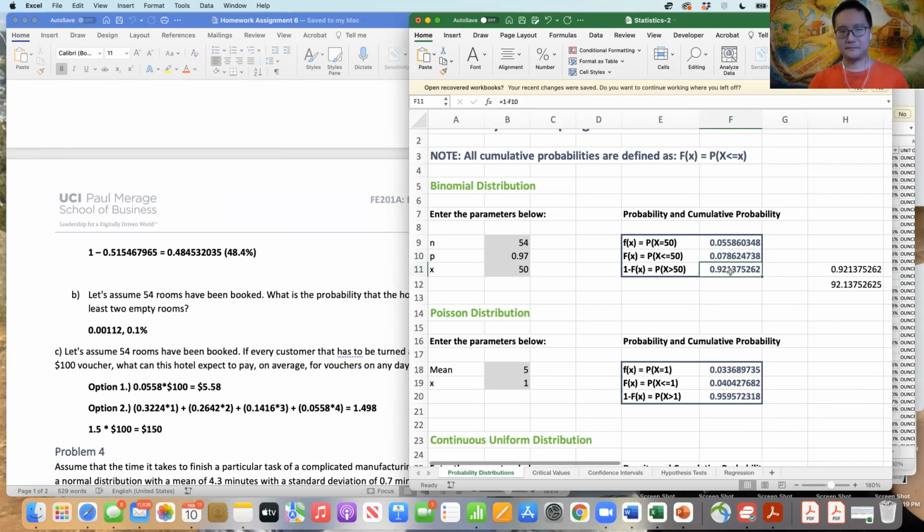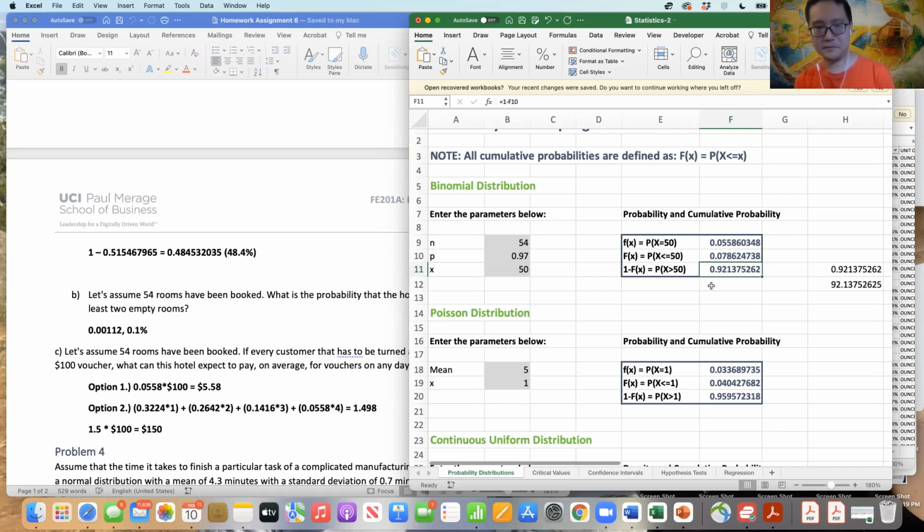Katie, you think it's this one? Well, if X is more than 50, that would represent the one extra person. And if this is the success rate, and we need to calculate the non-successful rate, it would be 1 minus 0.92. So it'd be 8%.